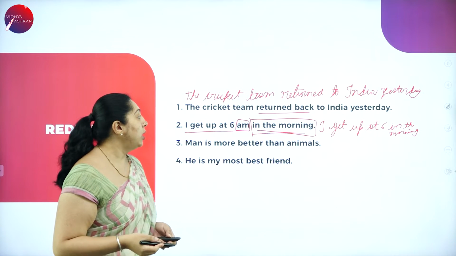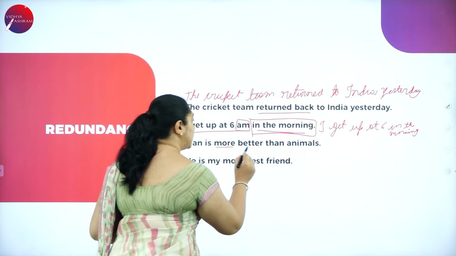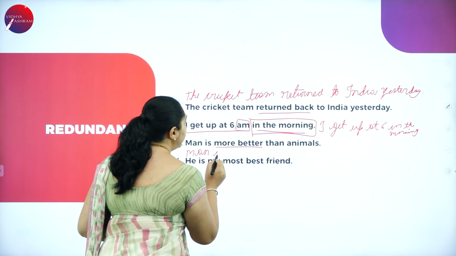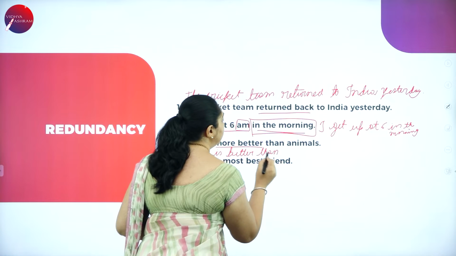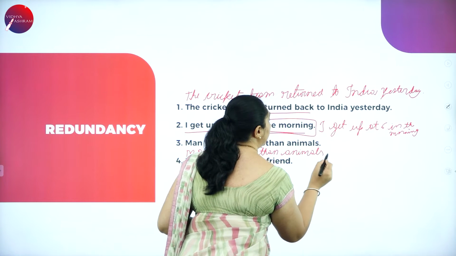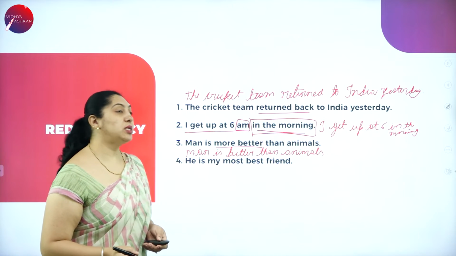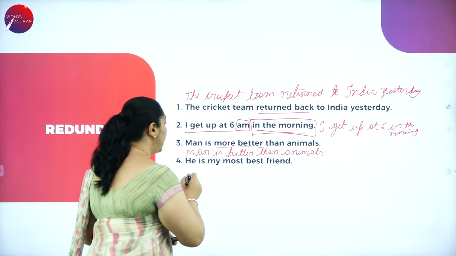Man is more better than animals. So here a word is repeated, and the correct sentence will be, man is better than animals. The next one, he is my most best friend. Will you say that he is my most best friend?